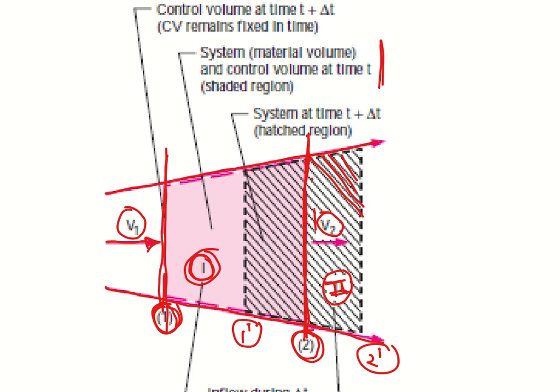So at time t, both are the same, meaning control volume is the same by definition and control mass is the same. At time t plus delta t, this control mass is shifted from the shaded portion to this portion, which is represented by hatched lines, and portion number 1 and portion number 2 represent that extensive property going inside the control volume in time delta t, and portion 2 represents that extensive property going out of the control volume through face 2 in time delta t.